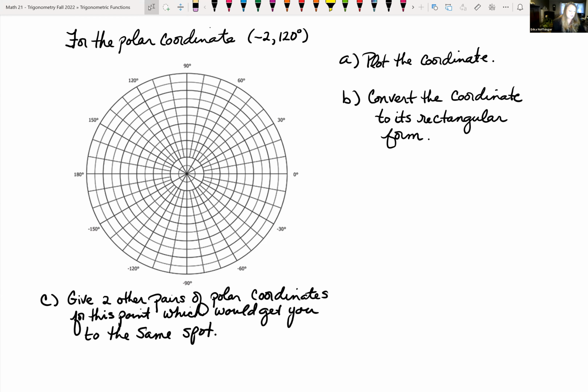So the first thing you want to do is look at our pole, and we're going to rotate our angle of 120 degrees. Rotating our angle of 120 degrees gets us to this line. Our value of r is -2.